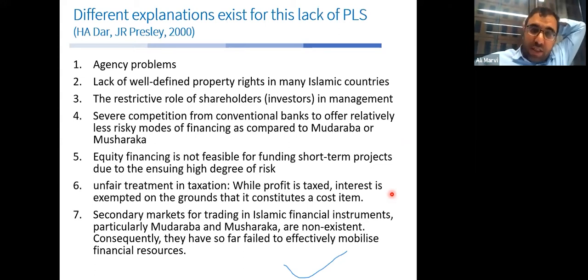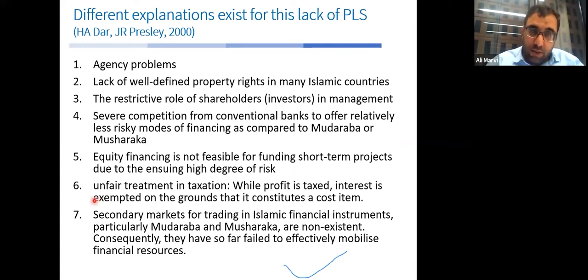And this is also the case in Islamic countries, and this also motivated Islamic banks to move to other types of financing rather than PLS contracts or Mudaraba or Musharaka.